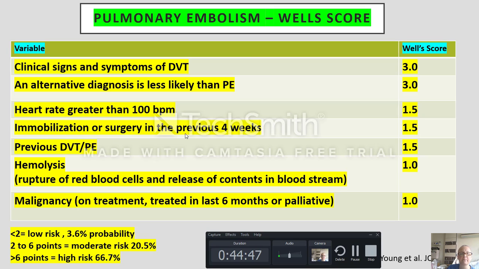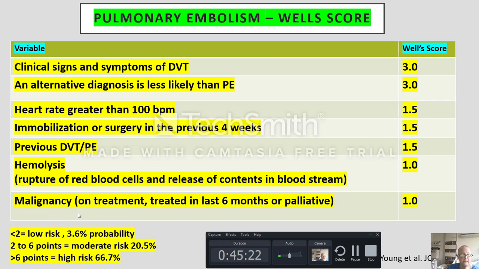Immobilization or surgery in the previous 4 weeks, 1.5. It's a low risk. 3.6 probability. A previous DVT or pulmonary embolism is a 1.5. Hemoptysis is a 1, which is a rupture of red blood cells and release of contents in bloodstream.